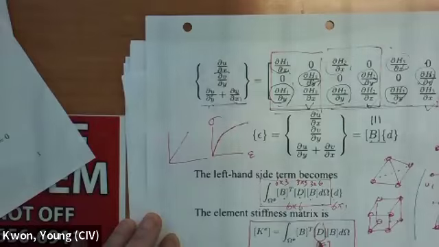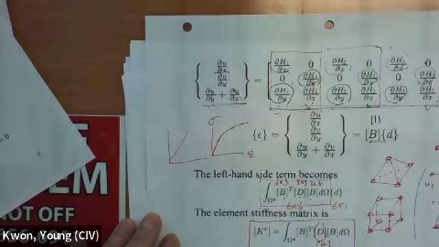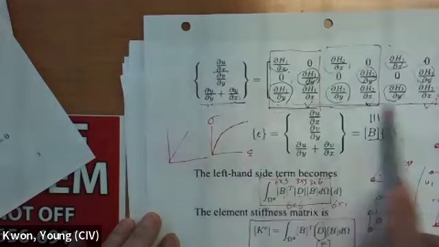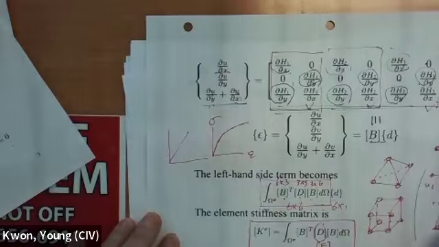But for linear material behavior, that's always going to be a constant matrix. Okay, so you don't have to worry about any changes. But matrix B, let's evaluate this one for this triangular element.